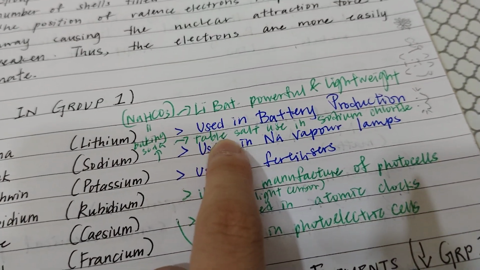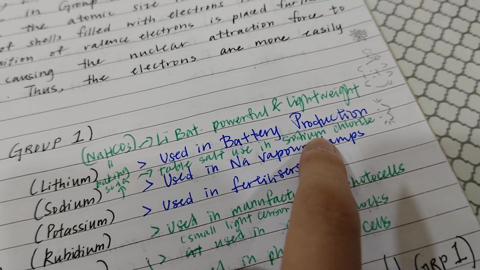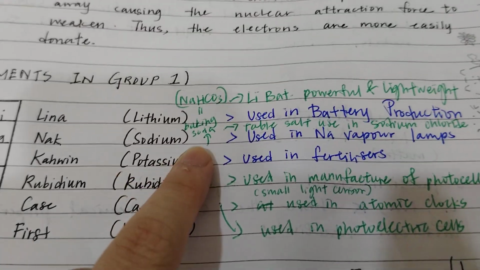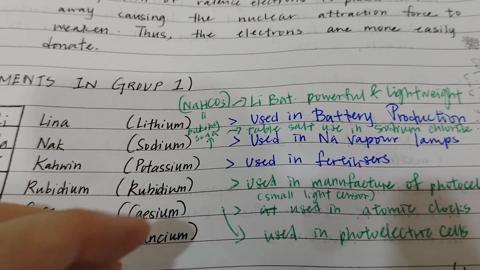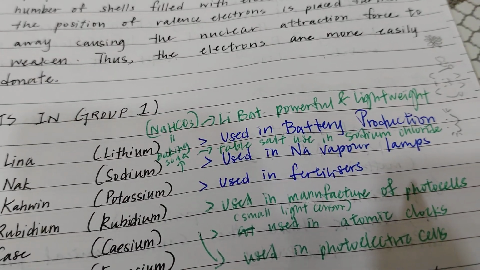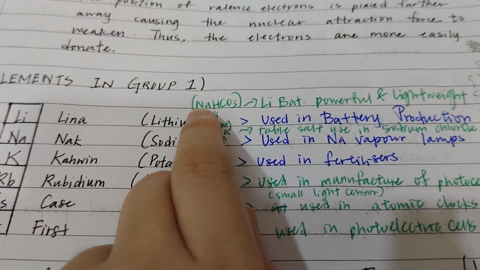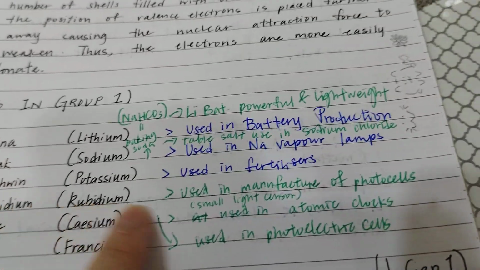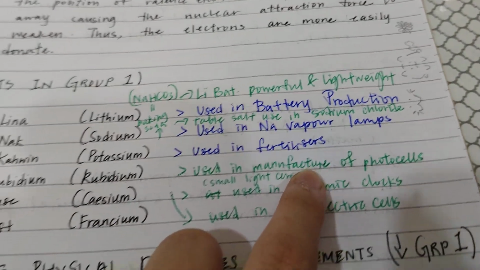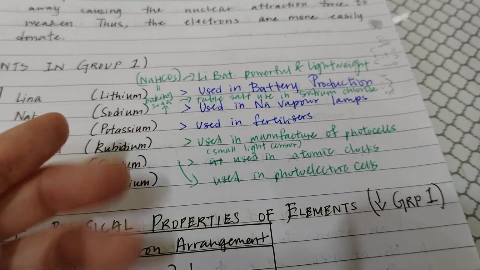They can also be used as table salt in the form of sodium chloride, and they can also be baking soda with the formula of NaHCO3, so not just by itself, with other elements. Now for potassium, it can be used in fertilizers, and for the others, this is more like extra information.